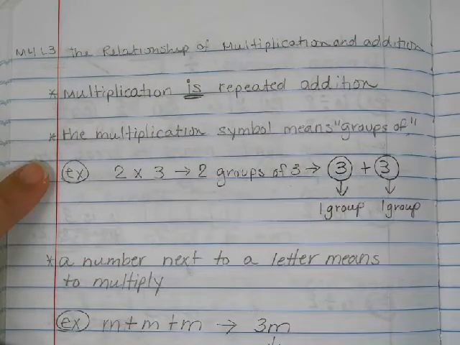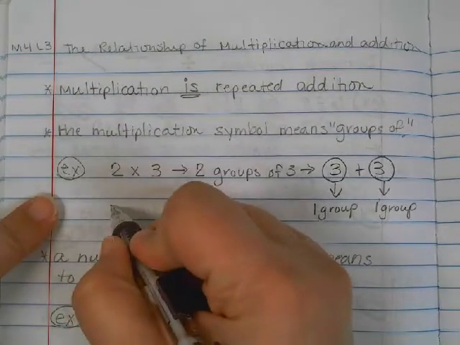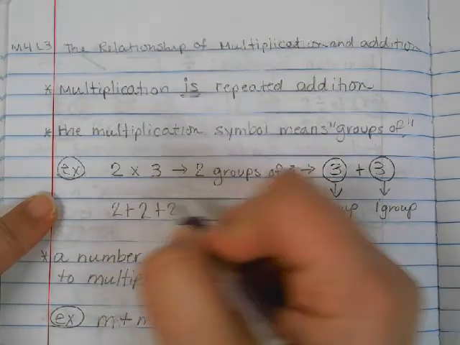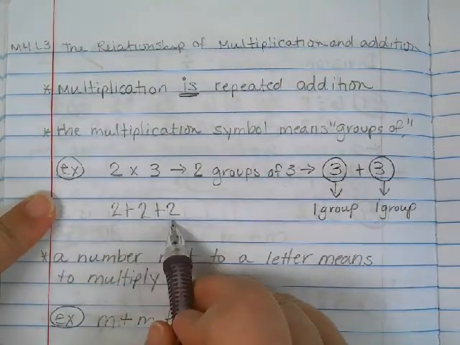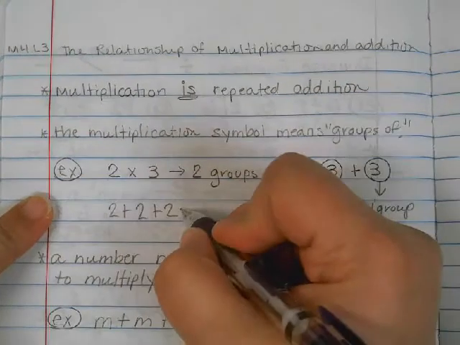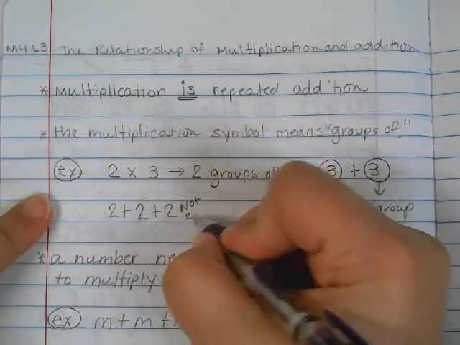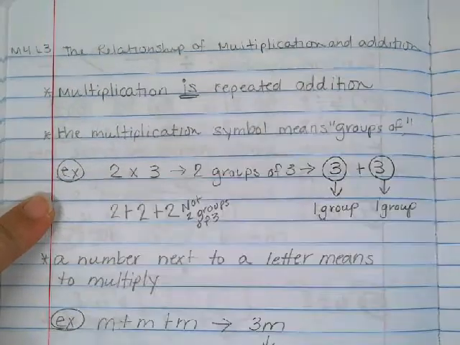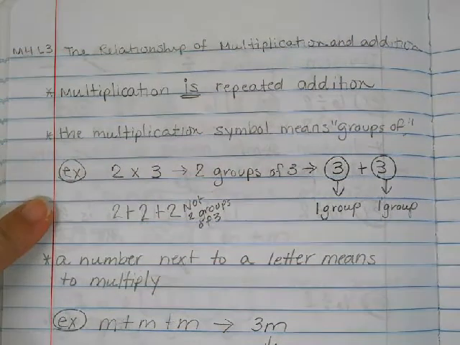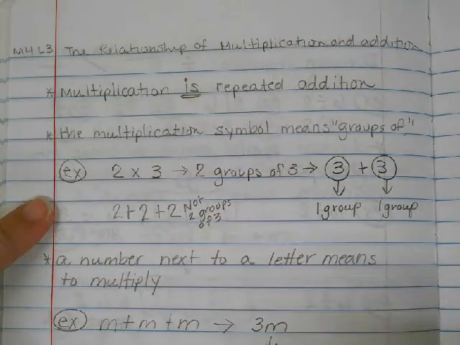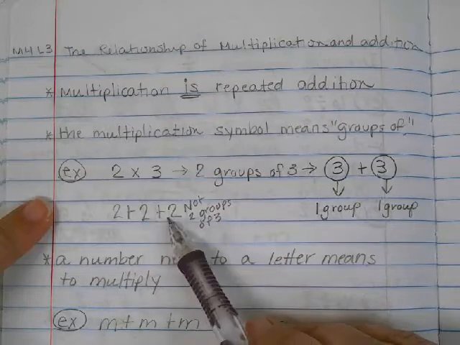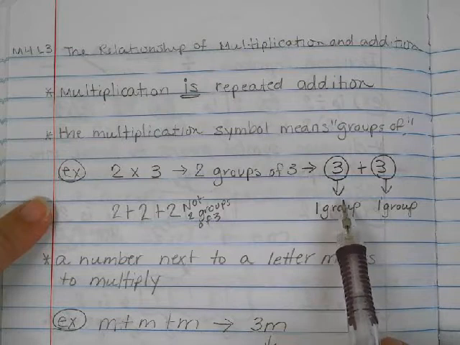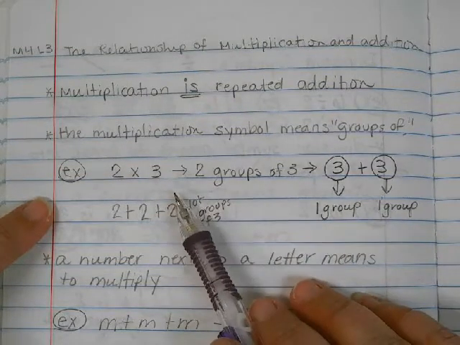Two plus 2 plus 2 is not 2 groups of 3. Even though both of those expressions would result in 6, this does not represent 2 groups of 3. 3 plus 3 represents 2 groups of 3.